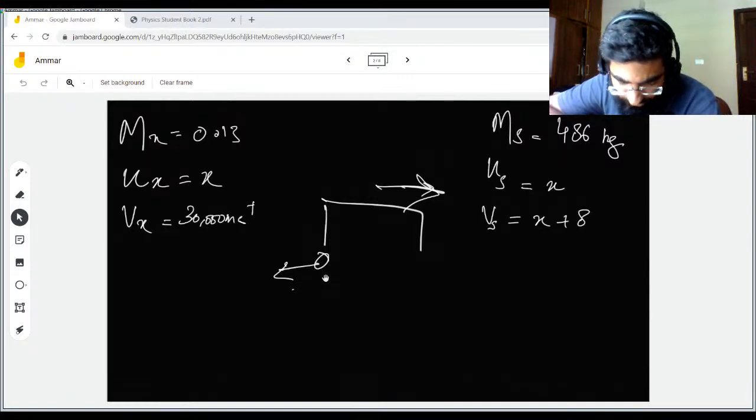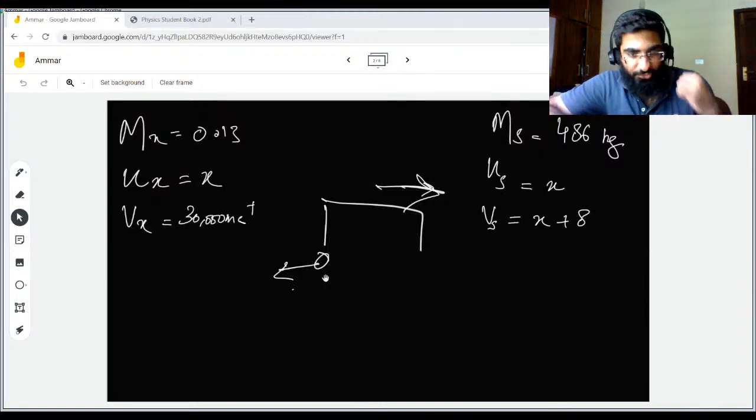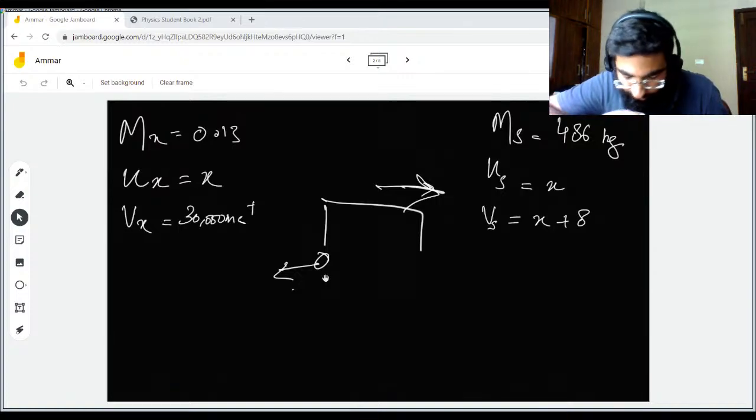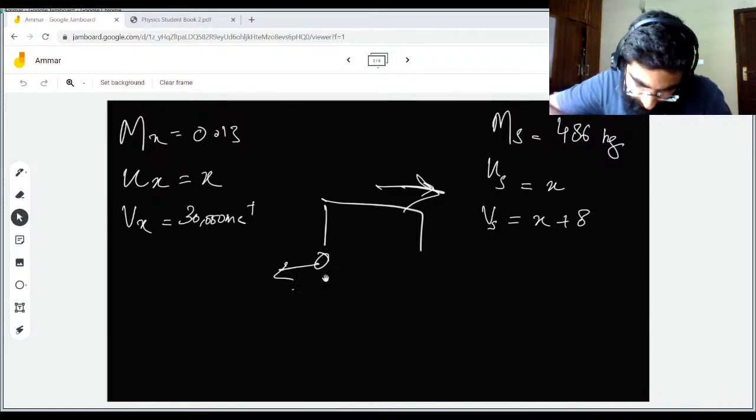It was zero. In the direction that it is eventually moving towards the left hand side, it was zero. So what is the change in its momentum? The change in its momentum is equal to mass into change in its velocity, which is 0.13 into 30,000.